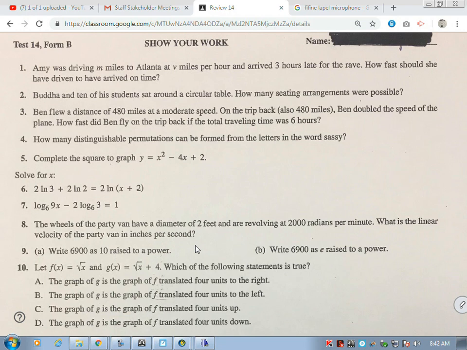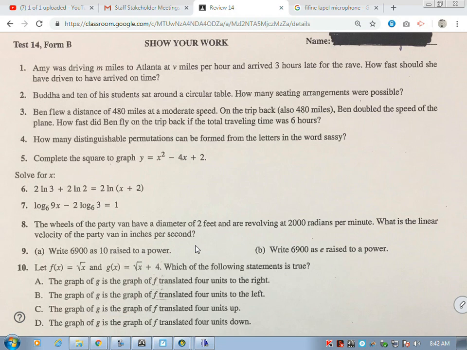I heard 4. Who got 4? Liz had 4. Okay. So we got several different things going on here. 4 is the right answer. Did you get 4? I got 3. You should get 2 possible answers here. One is negative 8. The other is 4.